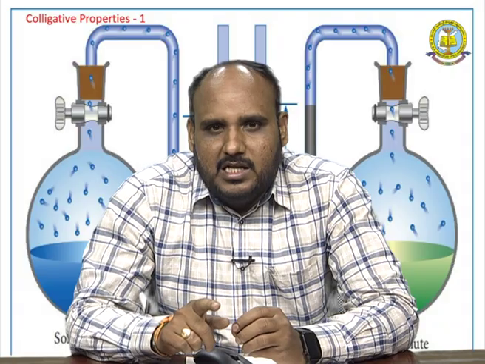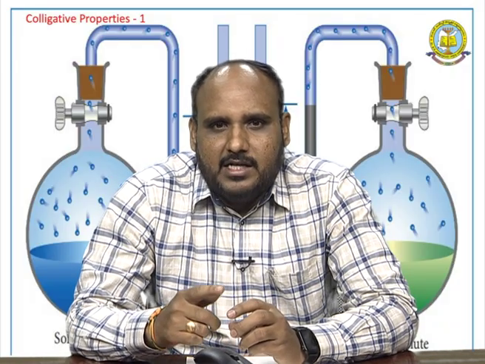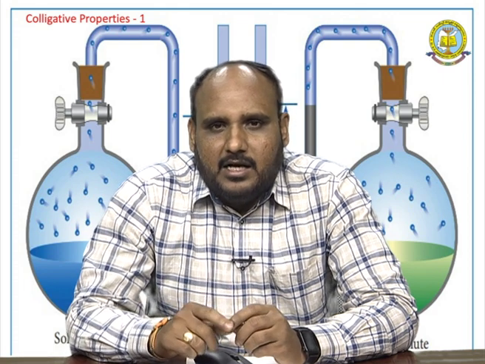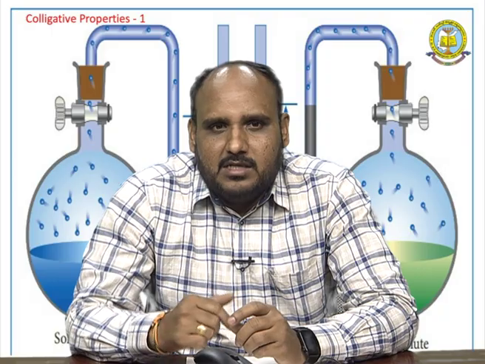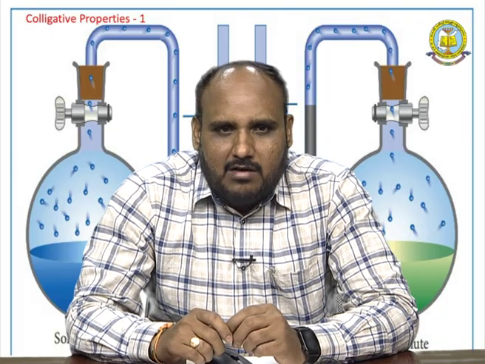Initially the pure solvent vaporizes and maintains an equilibrium with its vapors. At that time, the pressure exerted by the vapor molecules is known as the pure vapor pressure of the solvent.